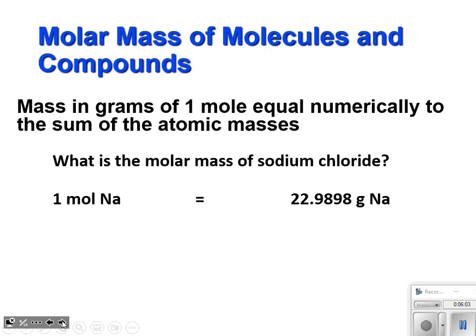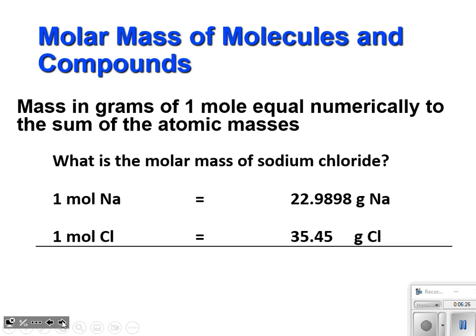So I know that I have 1 mole of sodium, and each sodium mole has 22.9898 grams. Check your periodic table. Is that a correct statement? Yep. I have 1 mole of chlorine. Chlorine is 35.45 grams. So when I add those two together, I get a value of 58.44.